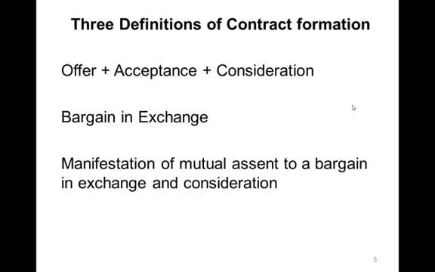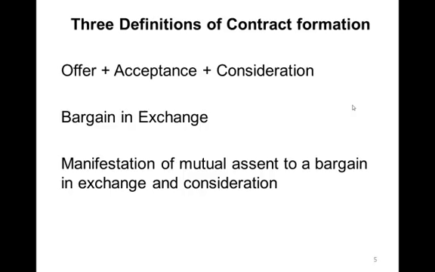And we know we have a contract when we have things like offer, acceptance, and consideration. Now, other people will talk about a contract as being bargain and exchange, or they may use the phrase manifestation of mutual assent to a bargain in exchange and consideration. What I want you to understand is that each of these three is a perfectly acceptable way to talk about contract formation.